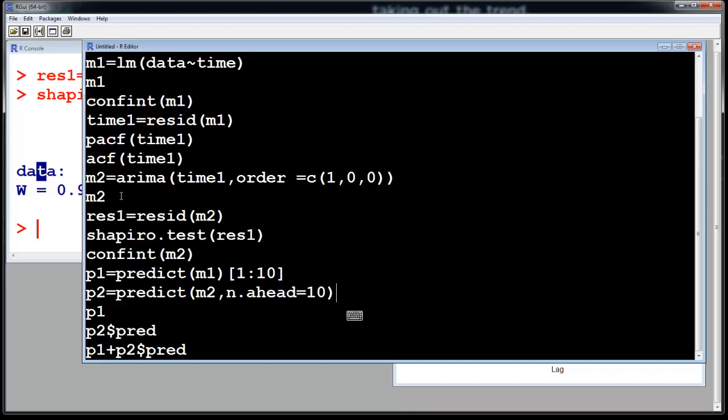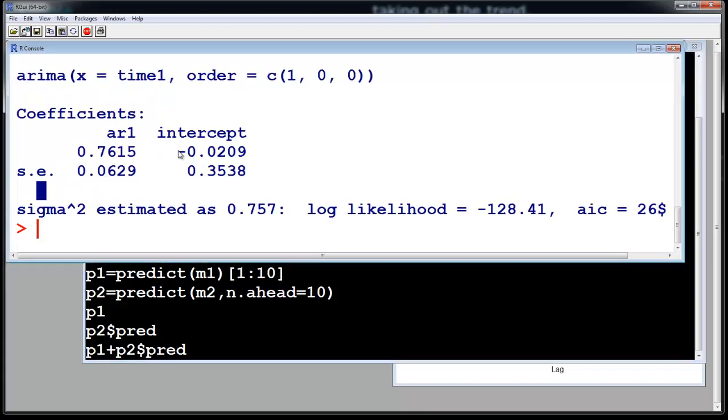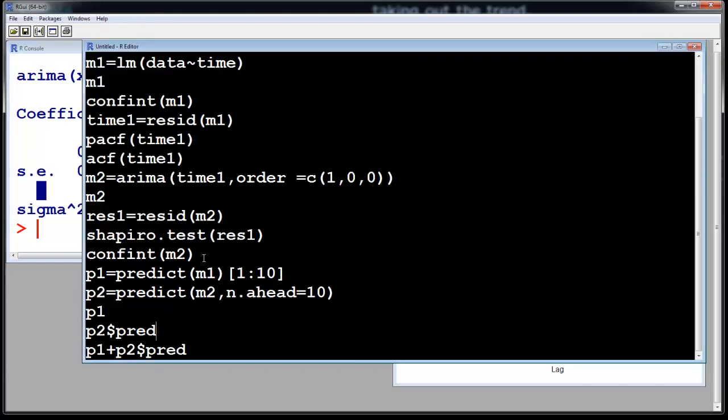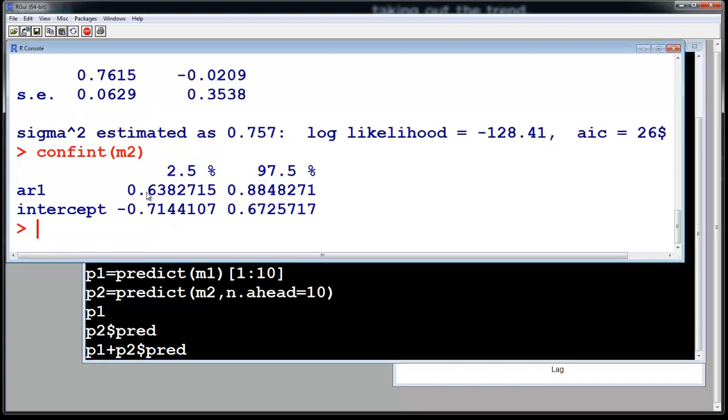Now let us look at the model. The model gives intercept as minus 0.02 and AR1 as 0.76. So now what we do is check the confidence intervals. AR1 confidence interval goes from 0.63 to 0.88.